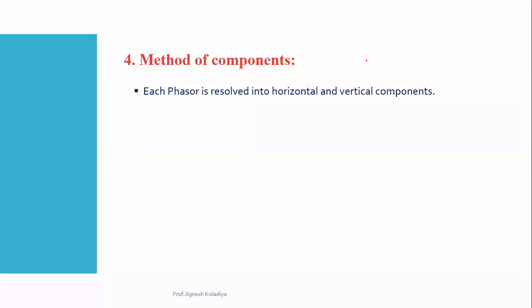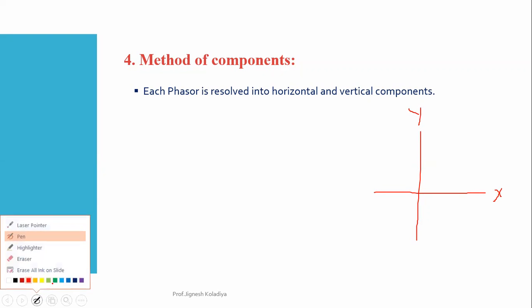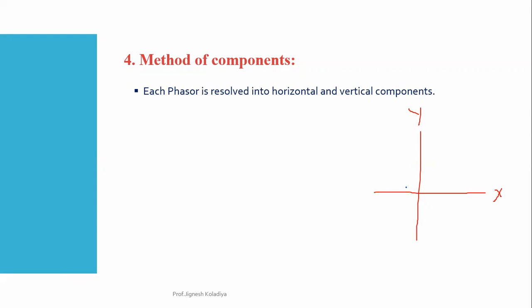Each phasor is resolved into horizontal and vertical components. All of you agree? Suppose this is my x-axis, this is the y-axis, and if one vector is given at some angle, then can we resolve it into its two components?